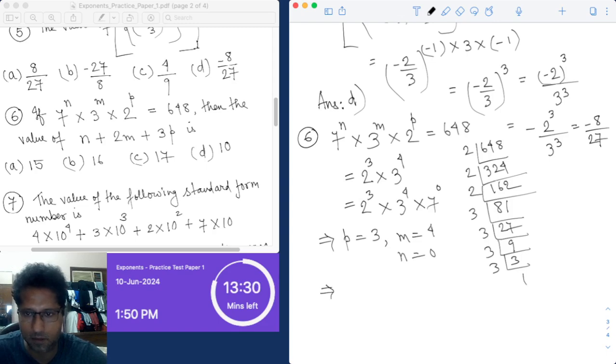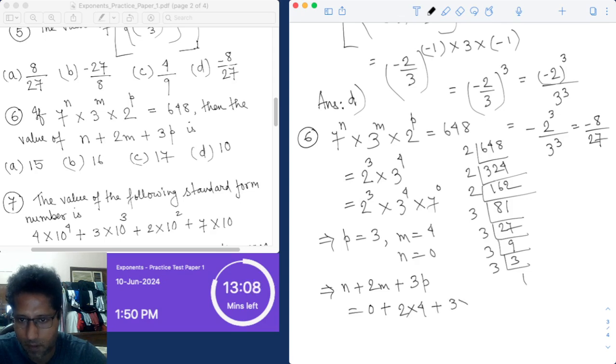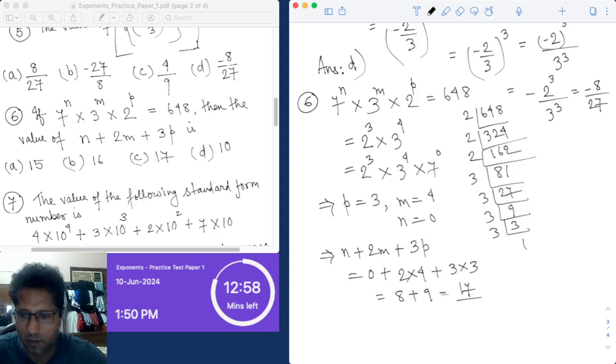Now we have to find the value of n plus 2m plus 3p, which is 0 plus 2 into 4, that is 8, plus 3 into 3, that is 9. So the result is 17. The answer is choice C.